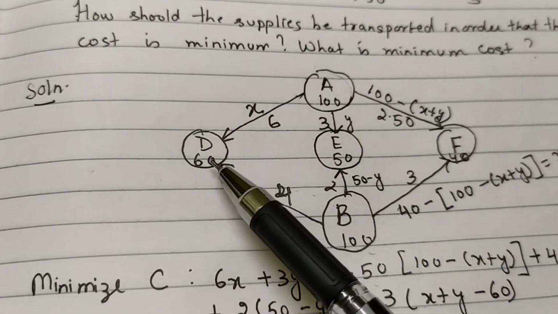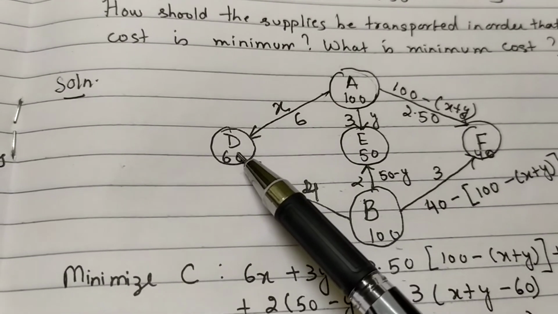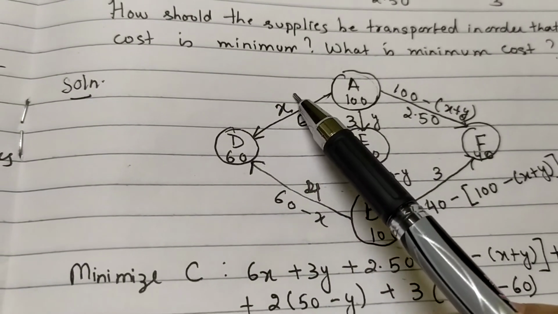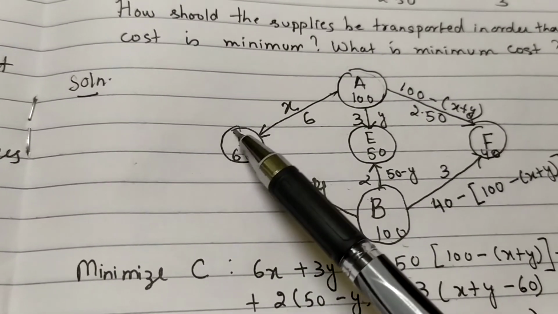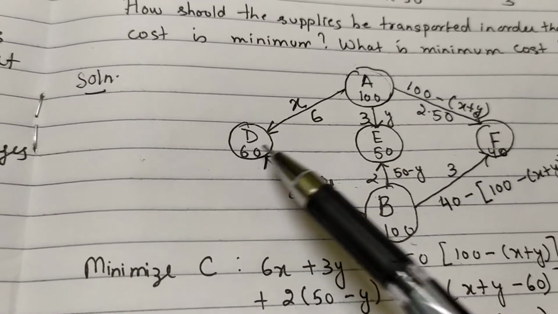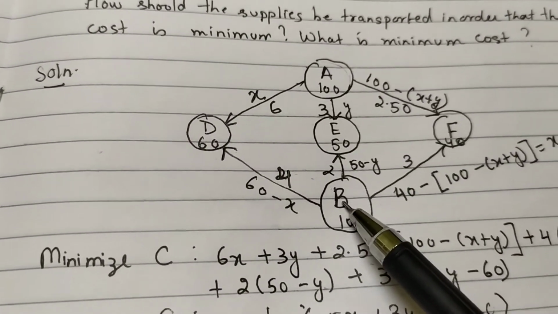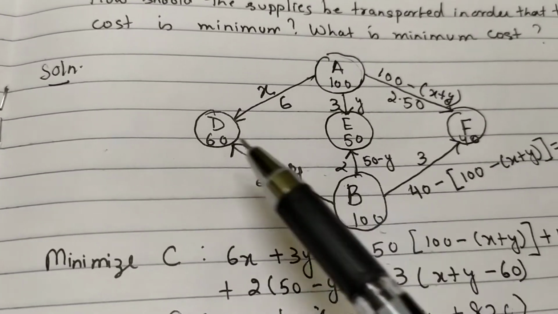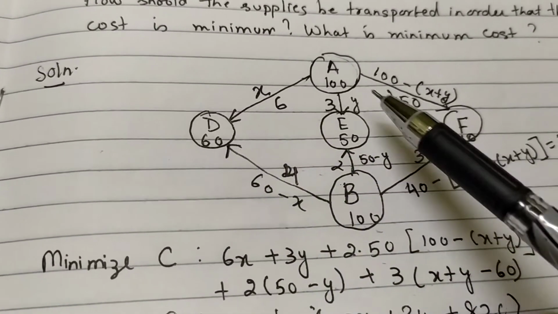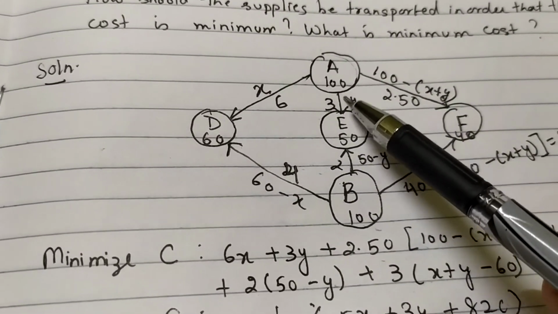Now we will see the requirement. The requirement of D was 60, and out of 60, X has already been transported from A to D. So now how much is the requirement? 60 minus X. The rest of the requirement will be fulfilled by godown B. So 60 minus X will be transported from B to D. And from A to E, Y quintals have already been transferred.